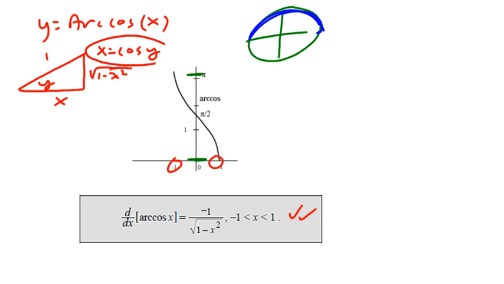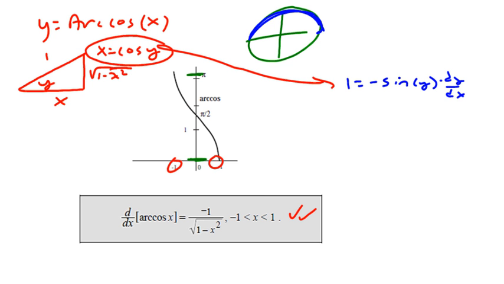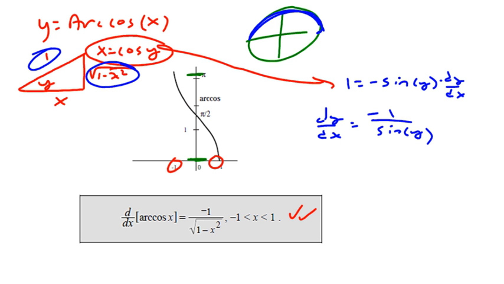So now if we take this and take the derivative of both sides, we get 1 equals negative sine of y times dy dx. So dy dx equals -1 over sine of y. Well, sine of y is opposite over our hypotenuse. So dy dx equals -1 over root 1 minus x squared.